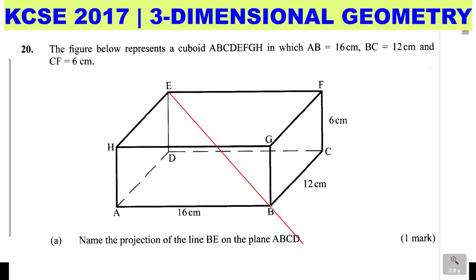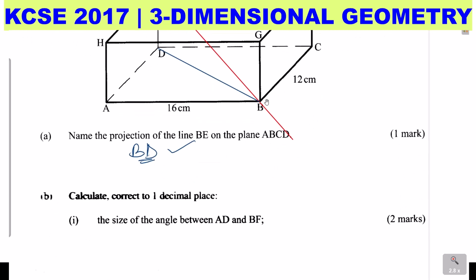So therefore, the shadow of BE on the base, that is ABCD, will be this line, that is BD. So the projection will be BD. That is how you work out the first part.